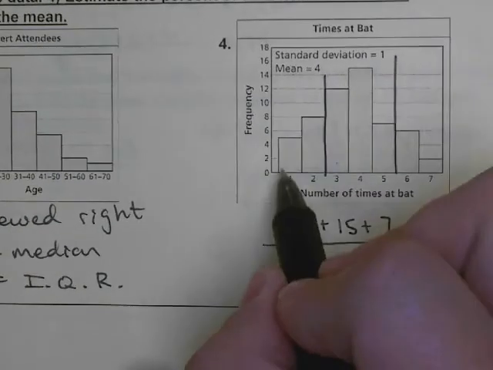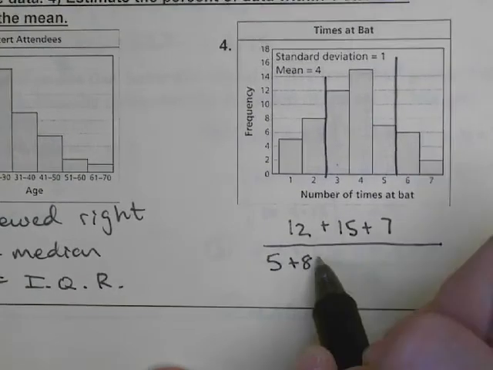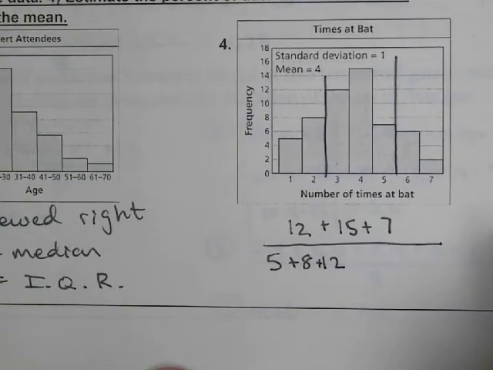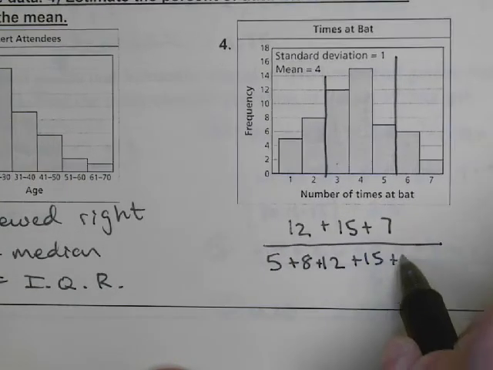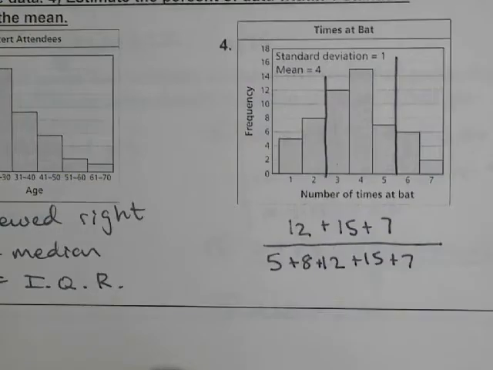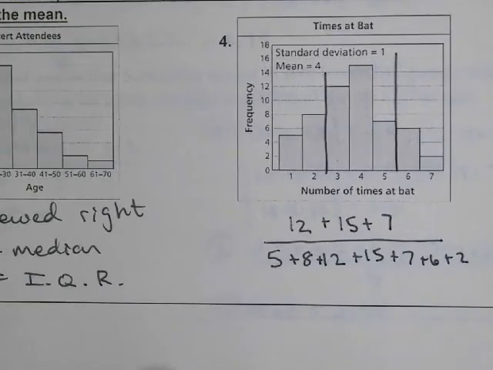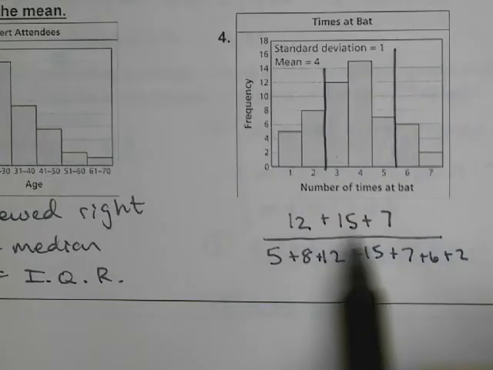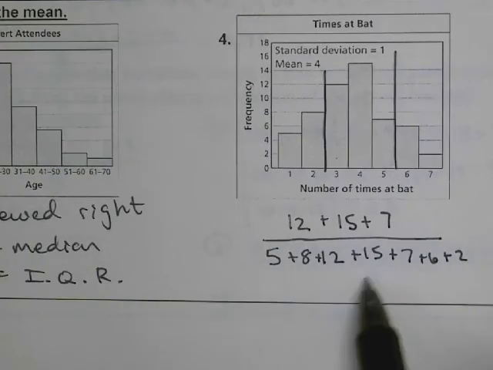And then if we look at all our columns, we can see that there's 5 in the 1 column, 8 in the 2 column, 12 in the 3 column, 15 in the 4 column, 7 in the 5 column, 6 in the 6 column, and 2 in the 7 column. What we're really doing is saying what we're interested in divided by our total.